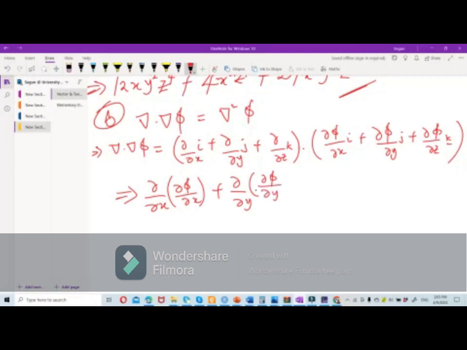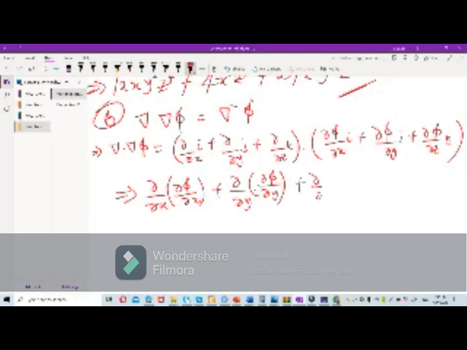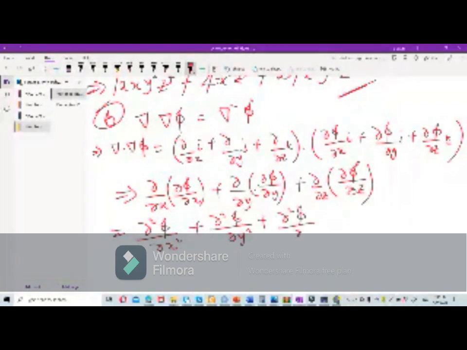Yes, sir. So which is the same thing as the second derivative of phi with respect to x squared, plus the second derivative of phi with respect to y squared, plus the second derivative of phi with respect to z squared.